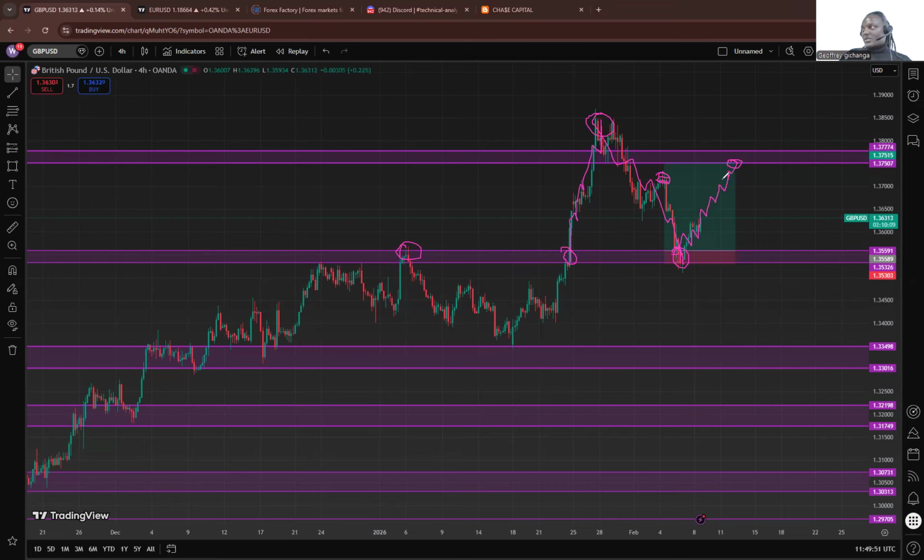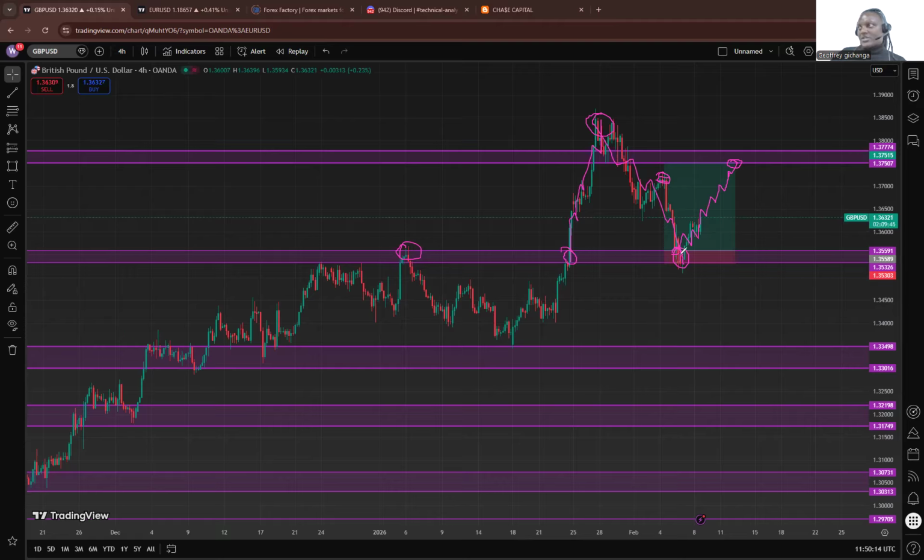Let's wait and see how price reacts to this. So far, we're already seeing quite some momentum. It started during the London session, and I'm expecting to see more momentum even into the New York session.